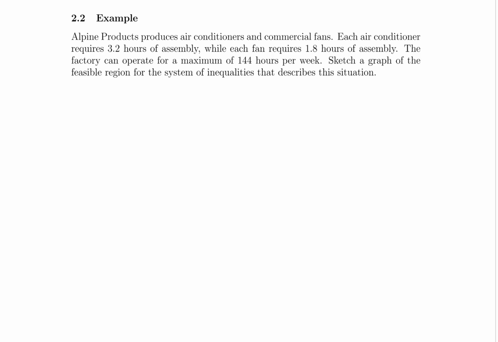So let's see. We need to come up with some sort of equation or inequality that describes the fans and the air conditioners and how much time it takes to manufacture these air conditioners and commercial fans. So we're going to need to introduce some variables. Two different things that are changing here are how many air conditioners and how many fans we're producing.